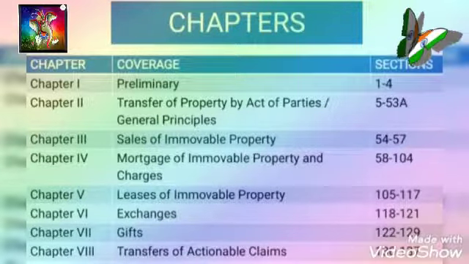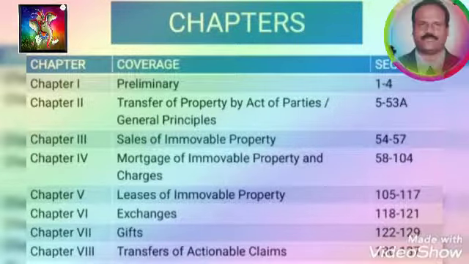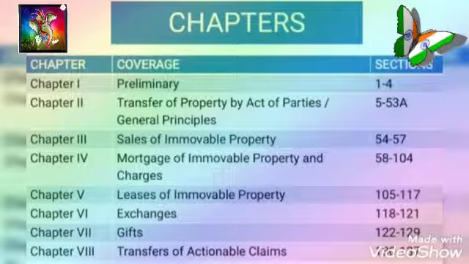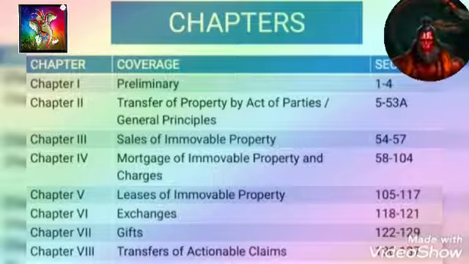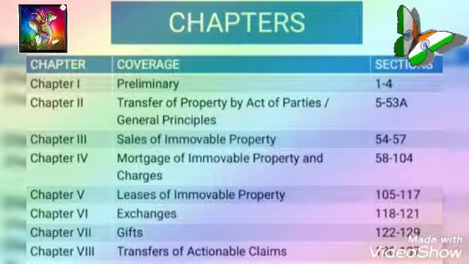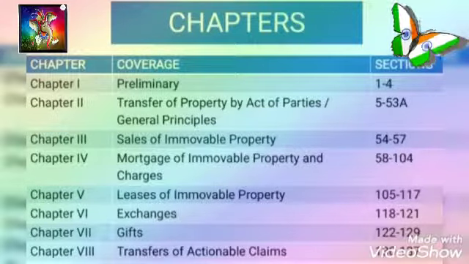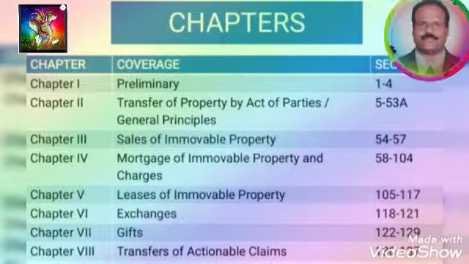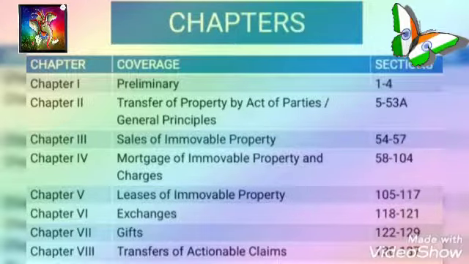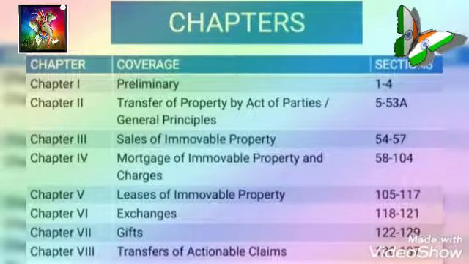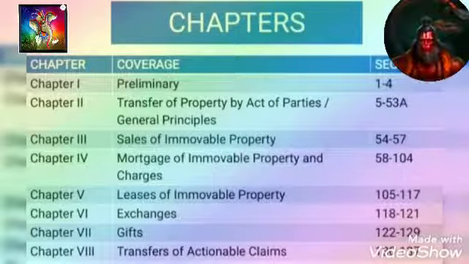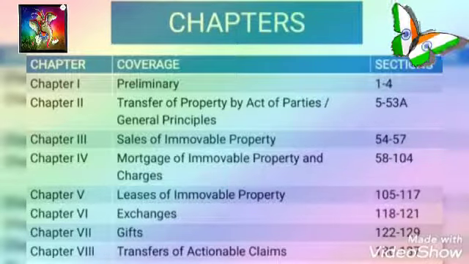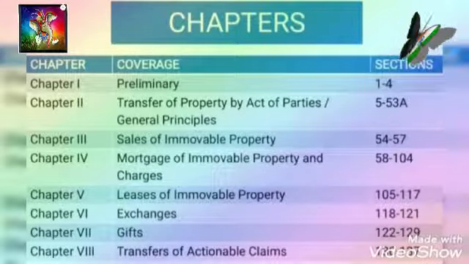The chapters that would be covered under the Transfer of Property Act: chapter number 1, dealing with the preliminary sections, that is 1 to 4; transfer of property by act of parties and general principles, section 5 to 53A; sales of immovable property, sections 54 to 57; then mortgage of immovable property and charges, that is section 58 to 104; leases of immovable property, section 105 to 117; and exchanges are grouped under section 118 to 121.